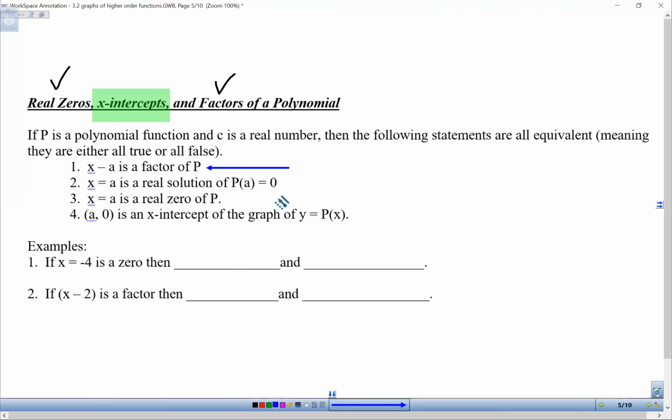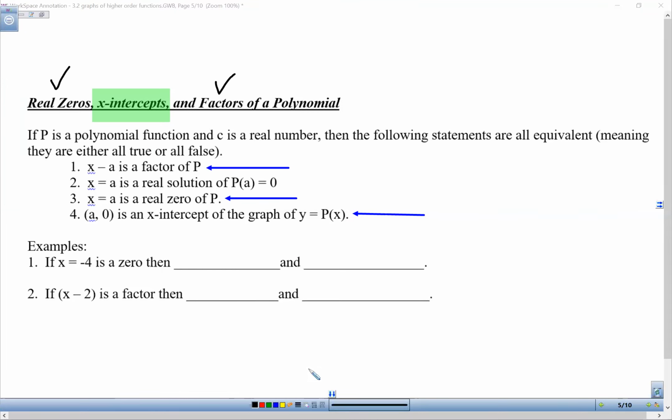And that means that x equals a, because a would be the solution to our factor if we make it equal to 0. X equals a is our 0. And then that tells us that a comma 0, the point, is the x-intercept. So if you know a factor, you can find the 0 and the intercept. If you know an intercept, you can find the 0 and the factor, or vice versa.